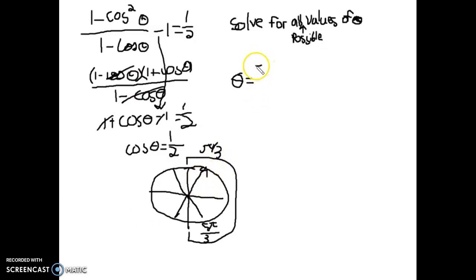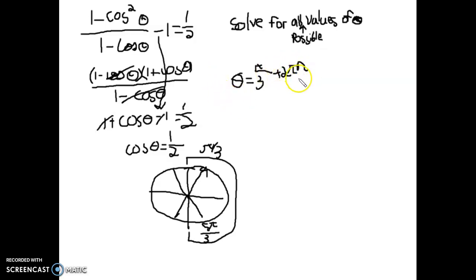So theta is equal to pi over 3 plus 2 pi n.